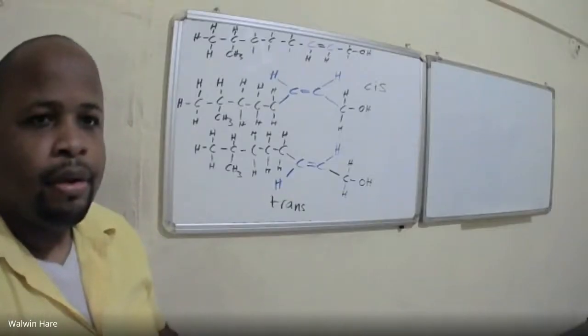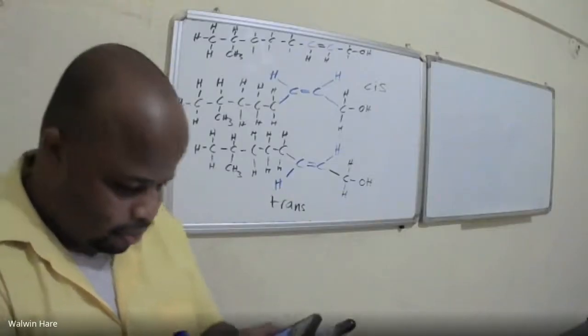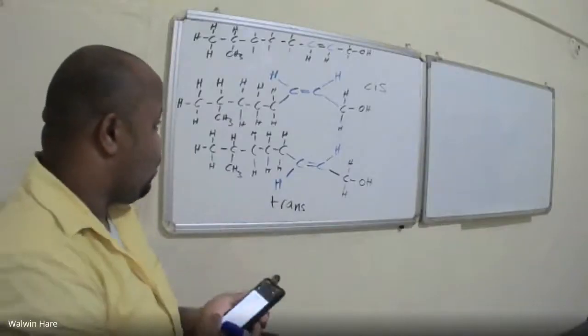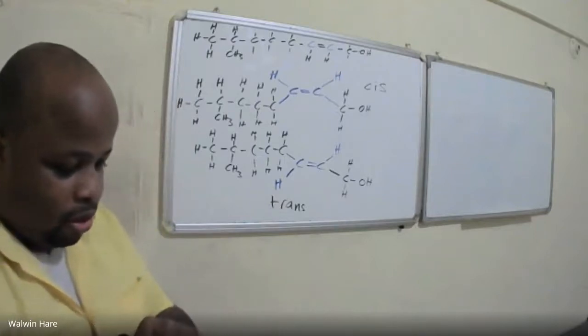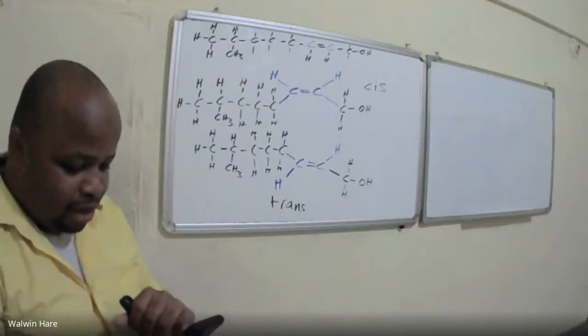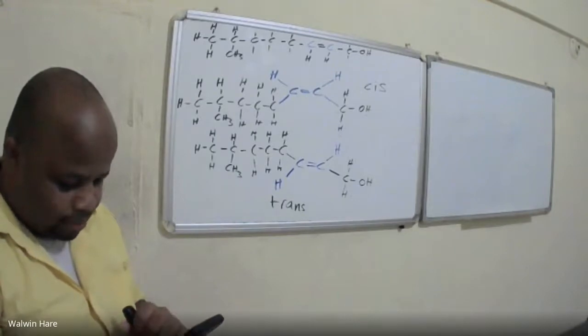The next one is a bit different. So the question says, suggest why B has no optical isomers. Right, so you have to tell me that now. What is an optical isomer? How do you identify an optical isomer?